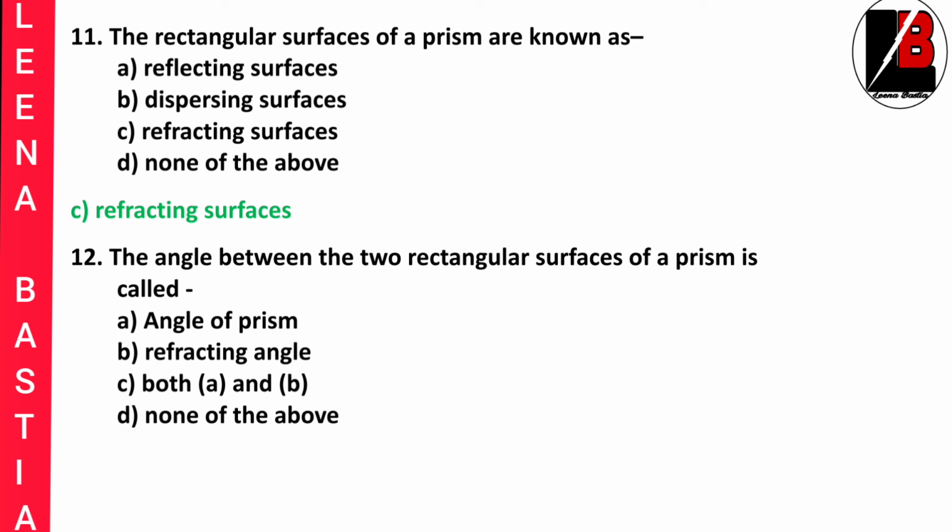The angle between the two rectangular surfaces of a prism is called, options are A, angle of prism, B, refracting angle, C, both A and B, D, none of the above. So the answer is C, that is both A and B. Okay.